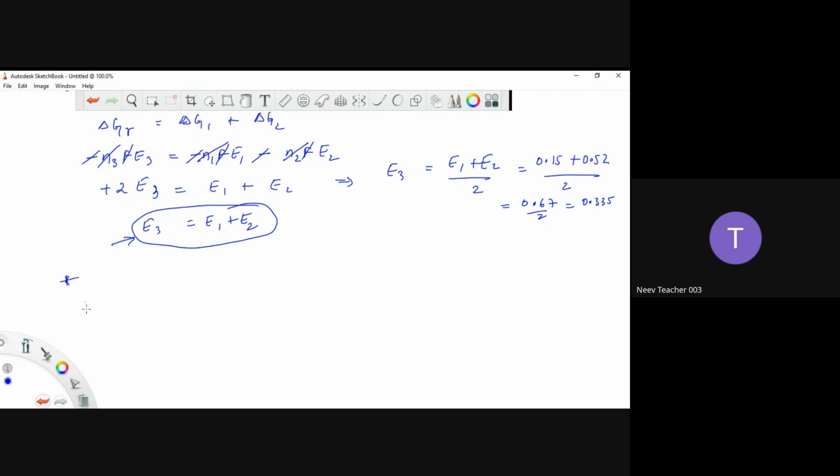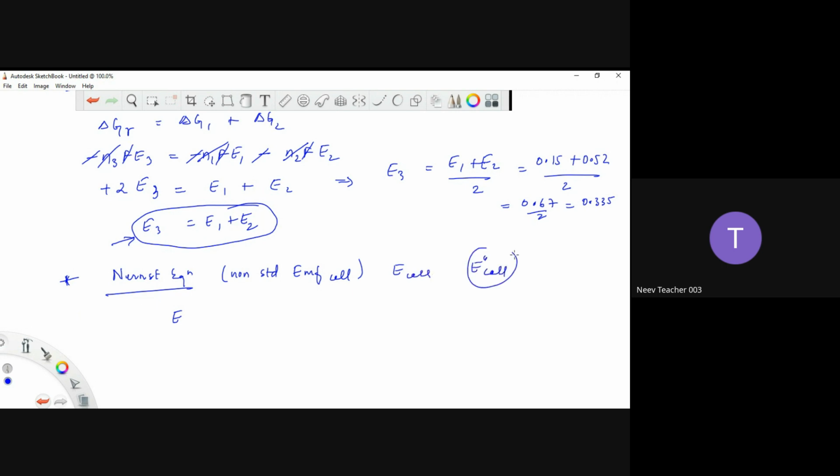Now, before the next question, what is the Nernst equation? It gives you the EMF of a cell at any concentration. Or you can say this gives you the non-standard EMF of the cell. So there is one E cell and there is one E naught cell.